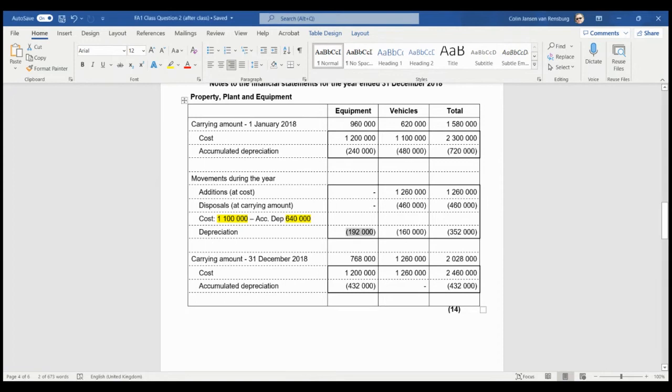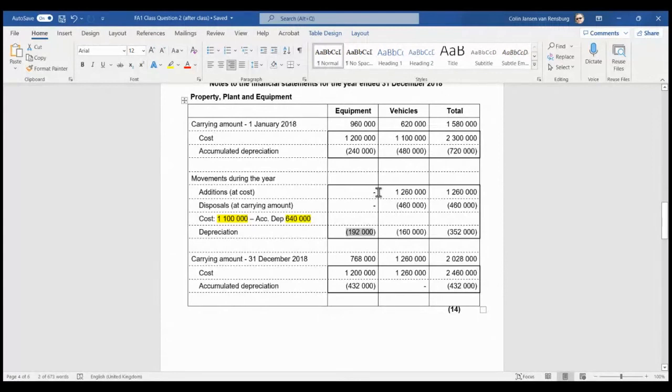So we might as well now go and finish off that column because that was the only movement. If there are no movements in a particular line, ladies and gentlemen, we have to put in a little dash there. That is the way accountants publish their financial statements. For some reason, they don't put a zero. They definitely do not leave it blank because then it's just unfinished work.